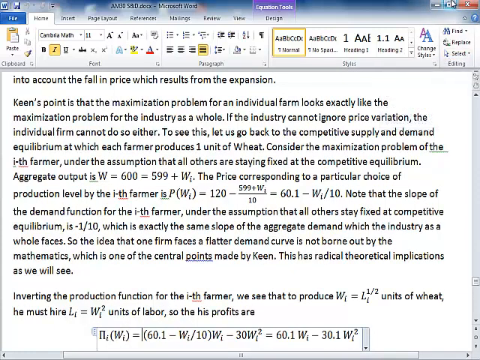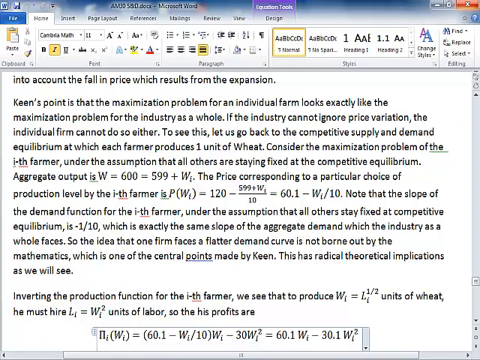Suppose we have these 600 farmers. I am one farmer. We are in equilibrium. One farmer says, let's assume that all of the other 599 farmers are fixed at equilibrium. They are robots. They will charge 60 and they will produce 1 unit.